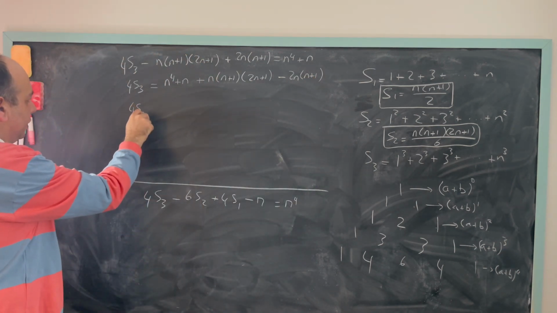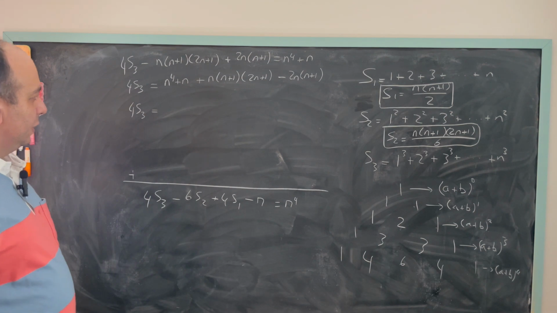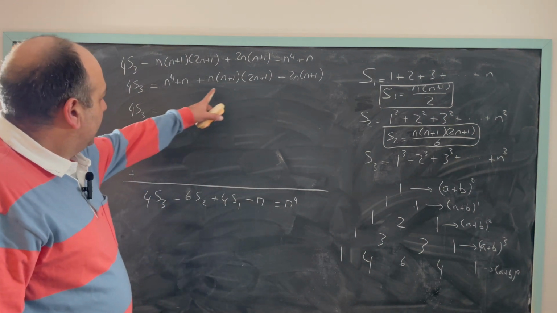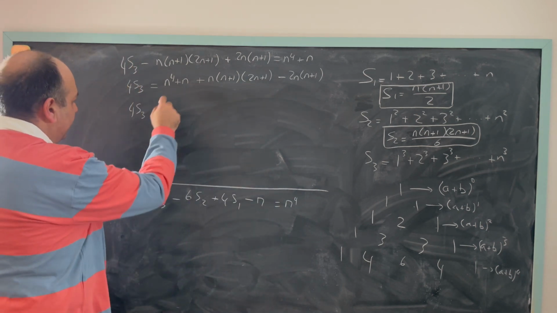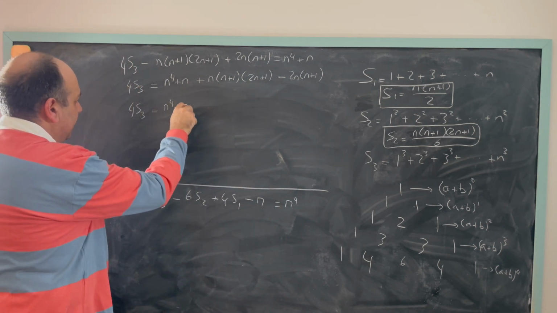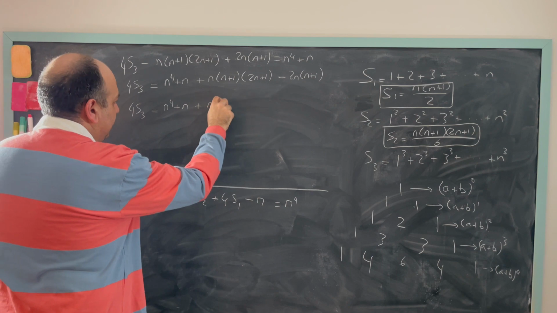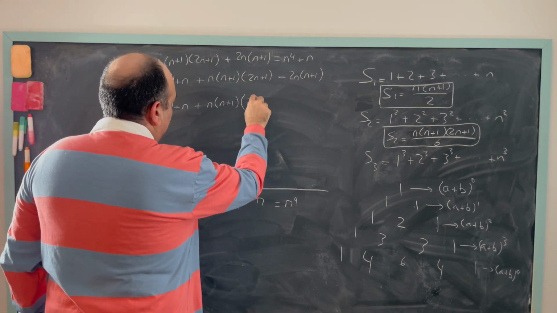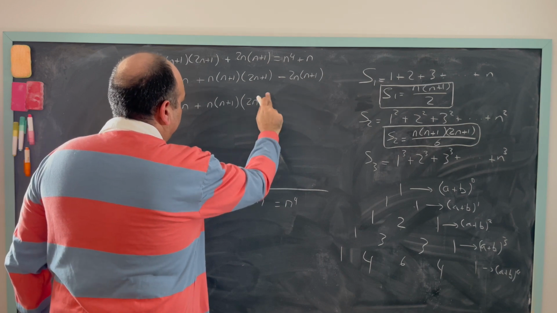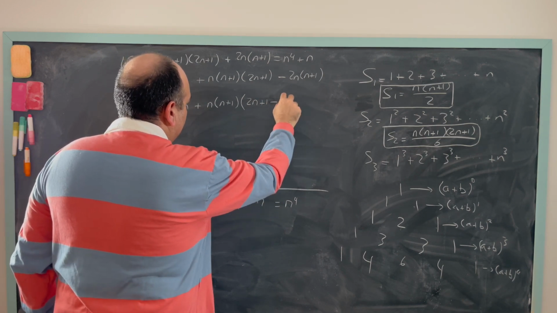So 4S3 is equal to, well, I have n plus 1 here, n plus 1 here, and n here. So I have n to the 4 plus n plus n times n plus 1 parentheses 2n plus 1 minus 2, right?